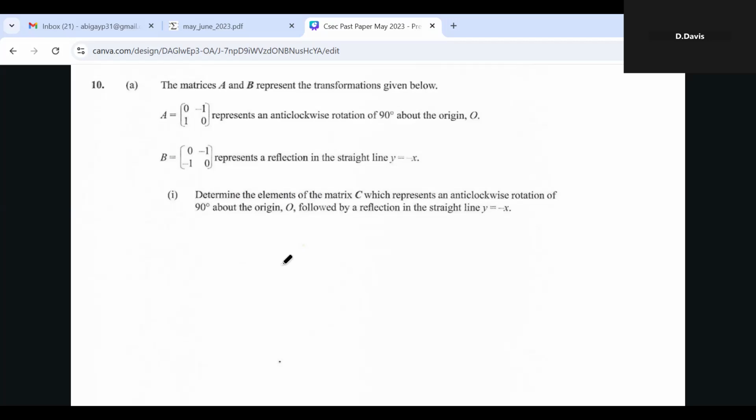Determine the elements of the matrix C, which represents an anti-clockwise rotation of 90 degrees about the origin, followed by a reflection in the straight line y equals negative x.